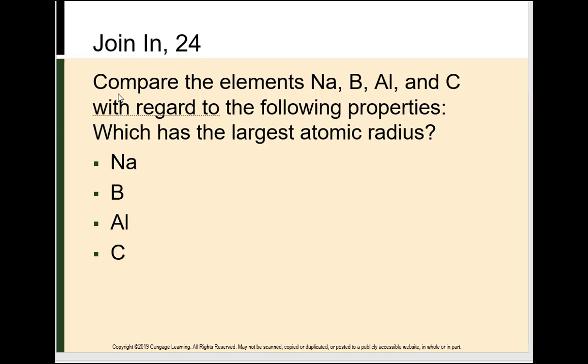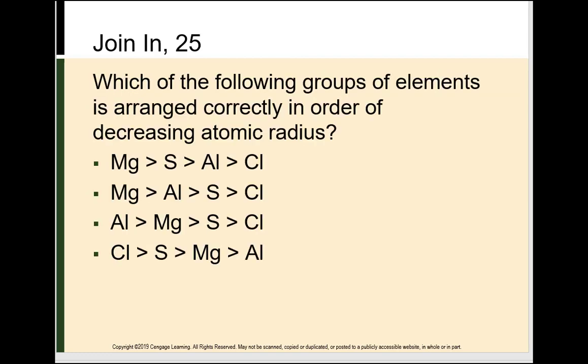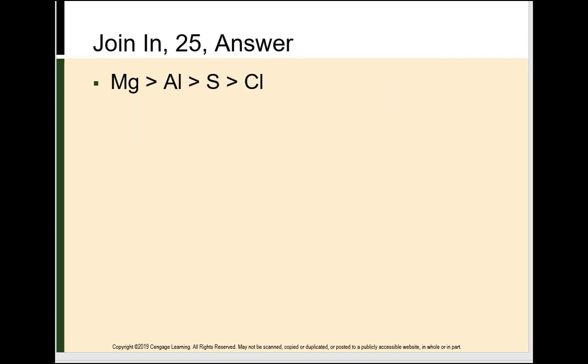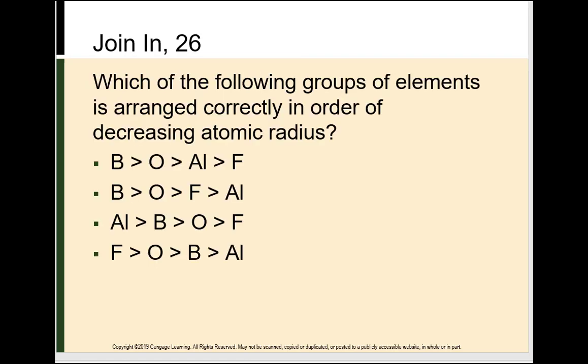Let's go through and do some practice problems. Why don't you take a second to look at your periodic table and see which one has the largest atomic radius. Should be Na. Which of these is arranged correctly in order of decreasing atomic radius? This should be your answer.